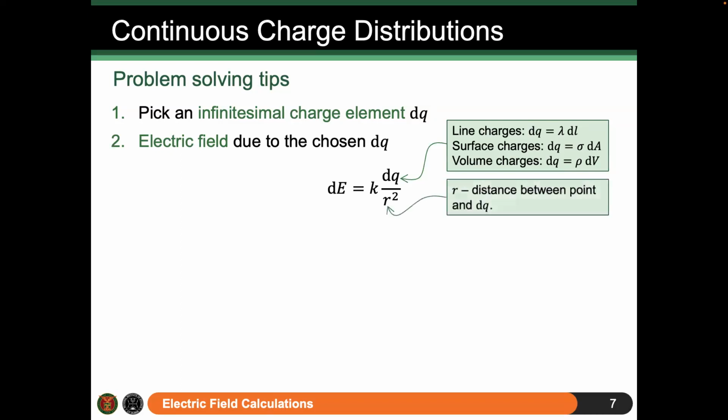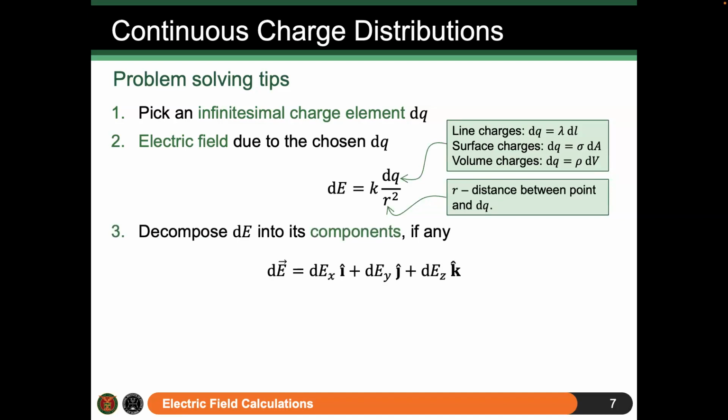The r will be the distance between the field point and the source dq. Then decompose dE into its components, if any, and then integrate all over the object to solve for the total vector field E.